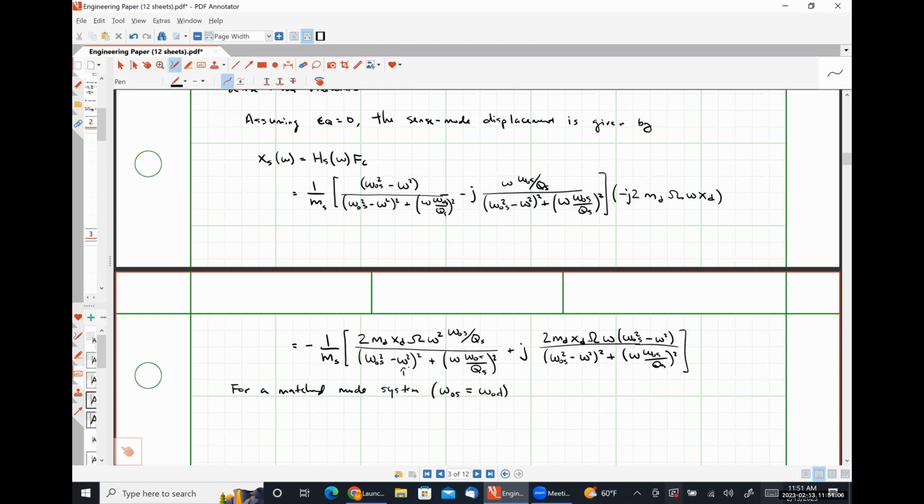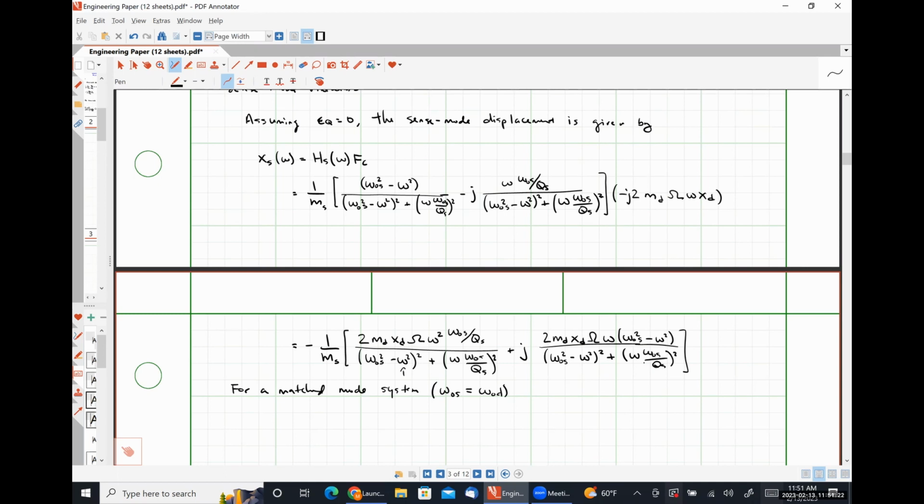For example, in this matched mode system, the imaginary part of our displacement automatically goes to 0, right? Because we have a factor of omega naught S, which is equal to omega naught D, minus omega naught D squared.